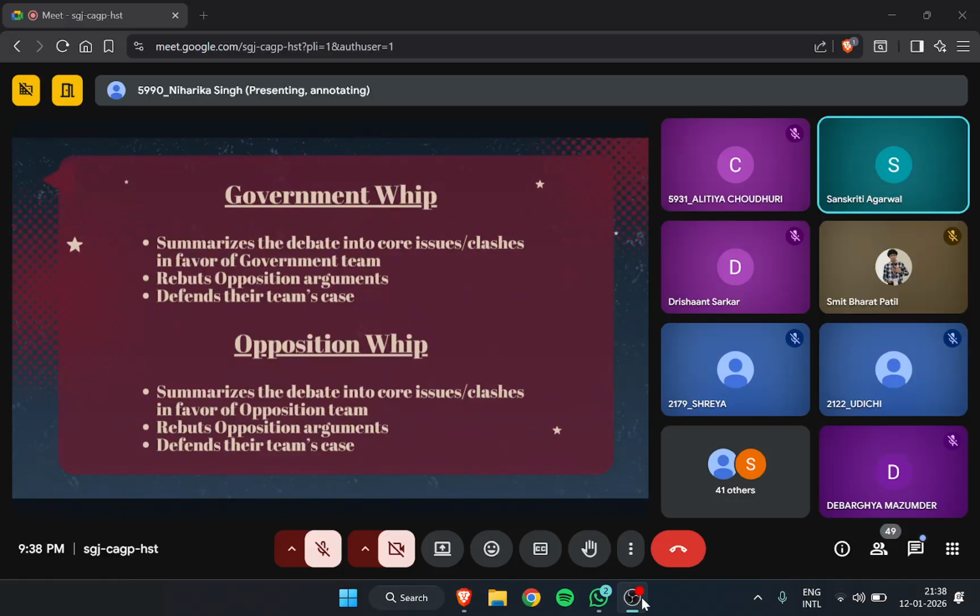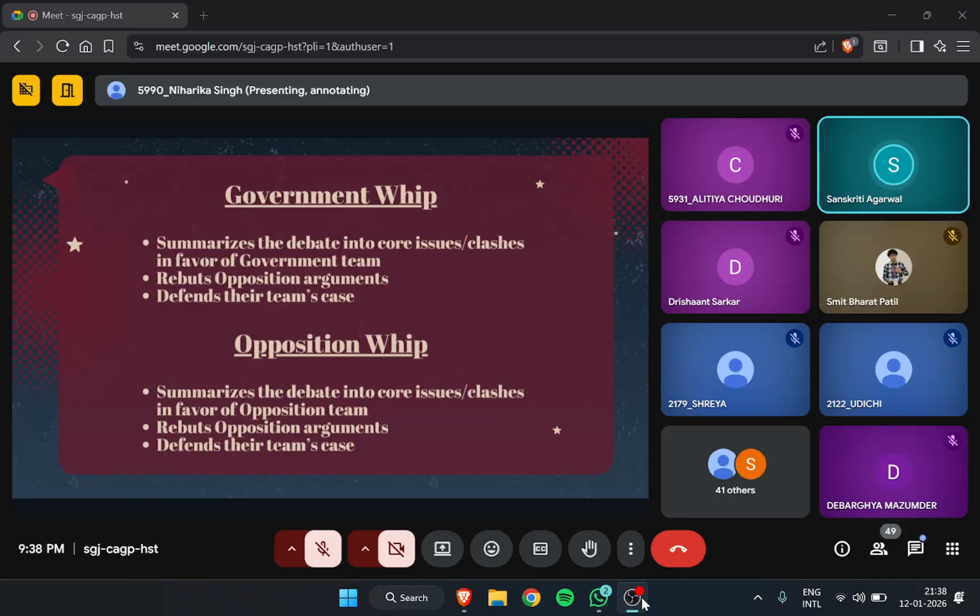Is there a lot of harm, or is there a lot of good in that particular argument? How many people are getting affected because of that particular point? So impact comes under how many people are getting affected and how big is the harm or how big is the good.